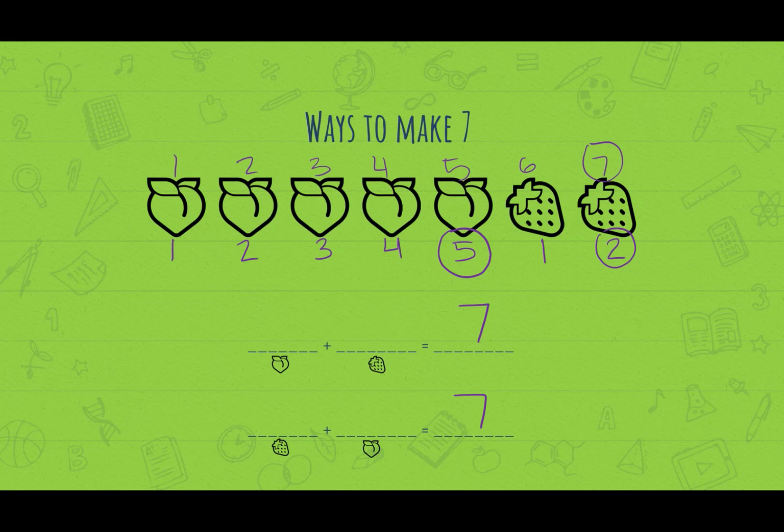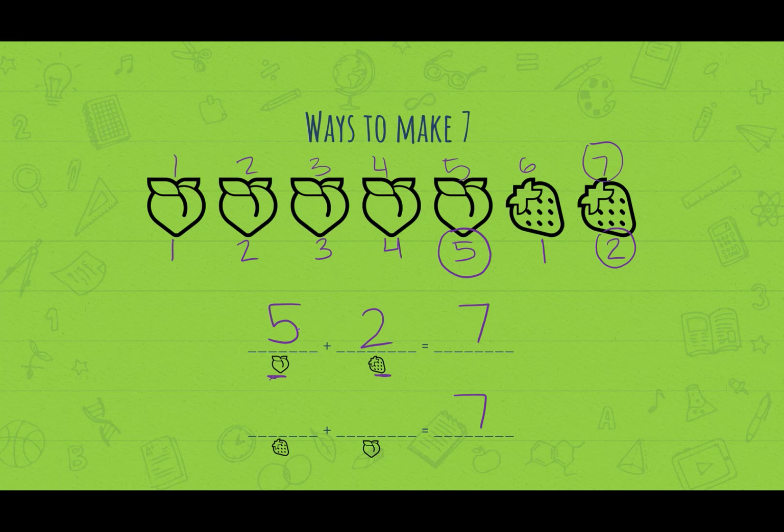So now let's write our math sentence. Our math sentence is for 7. So we have one group of 5, our group of 5 peaches, and we have one group of 2, our group of 2 strawberries. So what we're going to do is write our number of peaches and write our number of strawberries. So in our group of peaches we have 5, and then we have 2 in our group of strawberries.